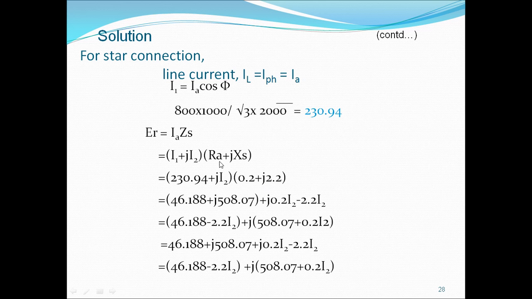Multiply this 230 with 0.2. Again 230 into j2.2. Next jI2 into 0.2, and next jI2 with j2.2. Next, separate both real part and imaginary part, that is with j and without j.